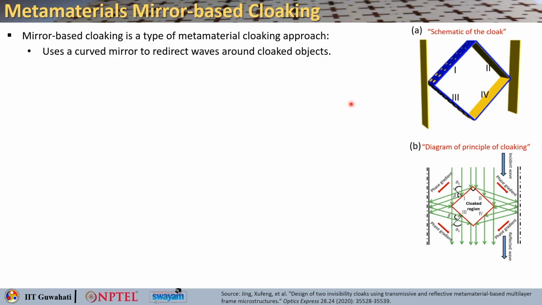So what you are doing here is that you are showing the schematic of the cloak first, okay. So you have these 4 mirrors present, 1, 2, 3 and 4, okay. So this mirror based cloaking is also a type of metamaterial cloaking approach, where you can see that you are basically using curved mirrors to redirect waves around the cloaked object that will be kept here, okay.